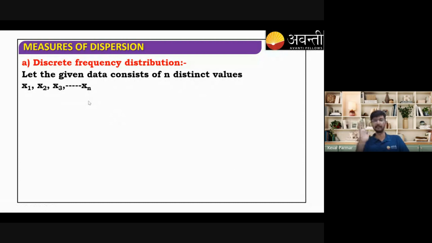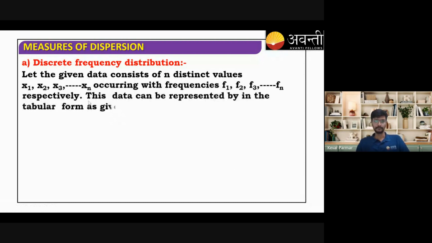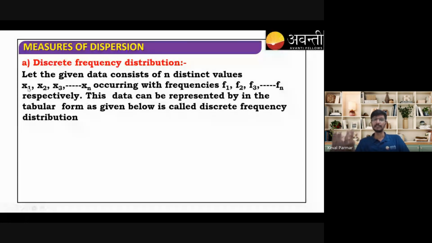So what we have next is these values are occurring multiple times. That means x1 is occurring f1 times. Don't read this like a robot. Please listen first and then you can try to read it. Okay, so x1 is occurring f1 times, x2 is occurring f2 times, x3 is occurring f3 times, and so on.